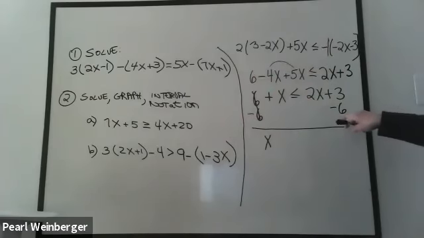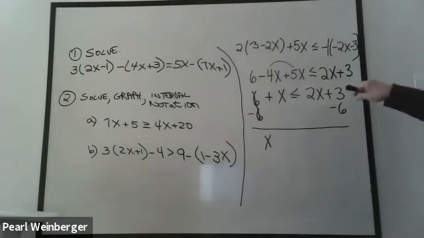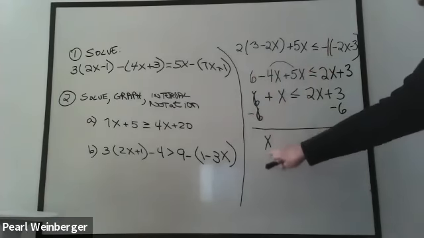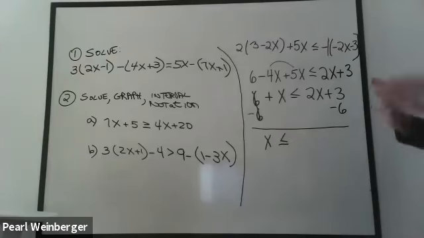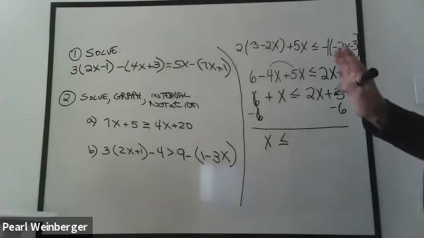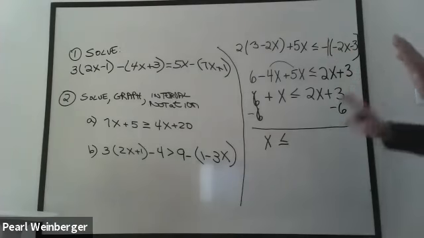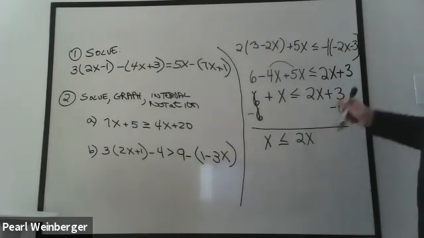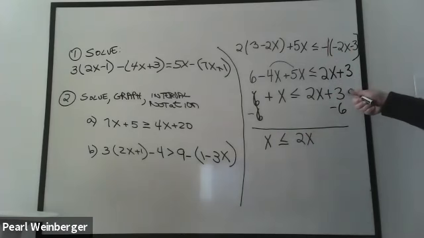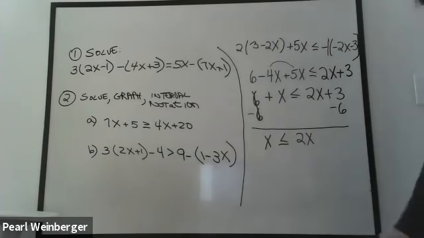So I have to do -6 on this side. So this just leaves me with an x. I keep the same inequality sign. Remember, I'm only changing that if I ever divide by a negative number. So otherwise I leave it alone. The 2x I leave alone. And I combine positive 3 minus 6. How much is 3 minus 6? -3.